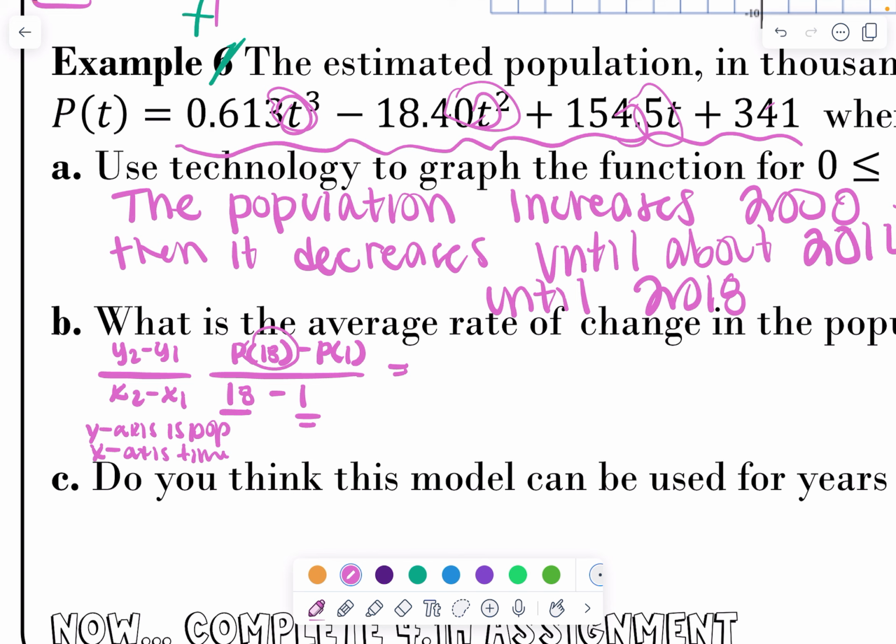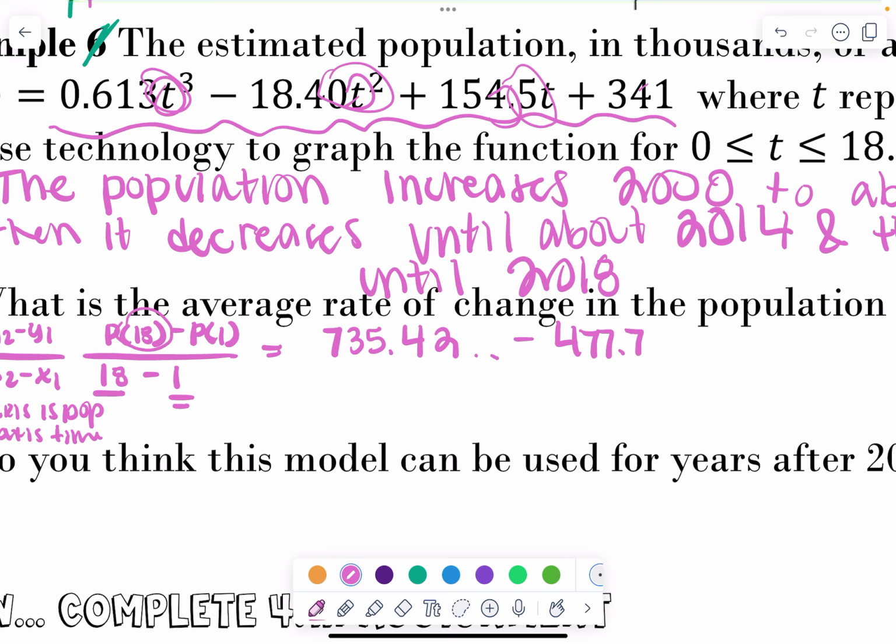When you plug 18 in, you should get roughly 735 and some change. We could just round to the hundredth place. And then we're going to subtract. If I plug 1 in, I should get 477 and some change. Okay? And then 18 minus 1 is 17.